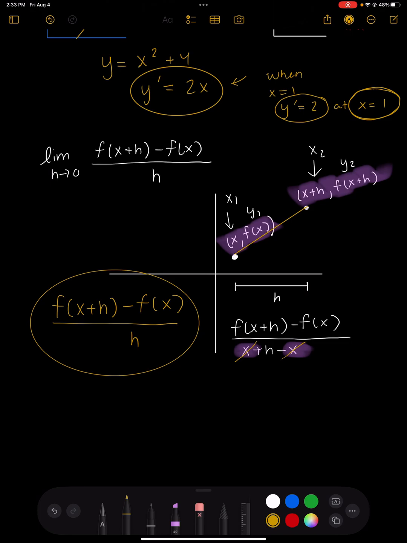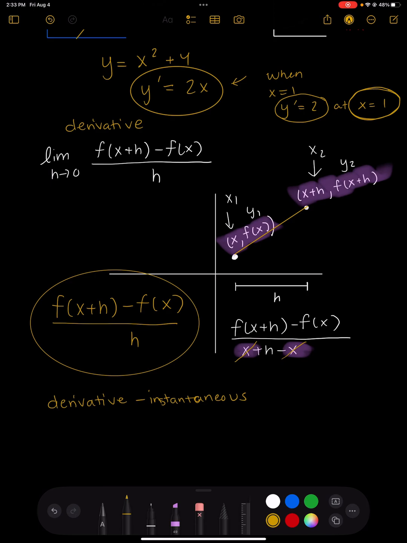Now, remember, since this is the definition of derivative, we know that derivative differs from the average rate of change, because average rate of change calculates an average over a certain amount of time. Derivative calculates instantaneous rate of change. So derivative is instantaneous rate of change, meaning it finds the rate of change at an exact value.